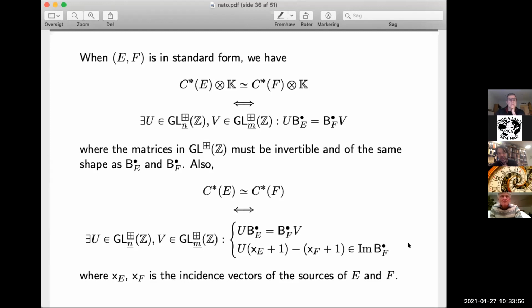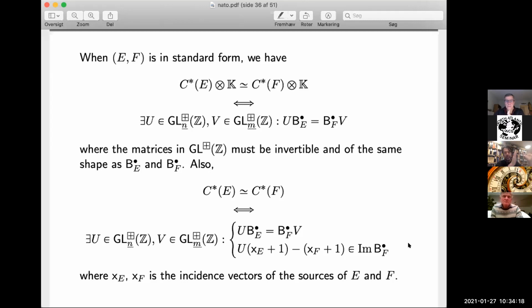Since they're square, it makes sense to ask if they're invertible, and they also have to be block diagonal matrices in the same sense that the original graphs were. So essentially, your graph will have various connected components. These connected components will communicate in various ways.